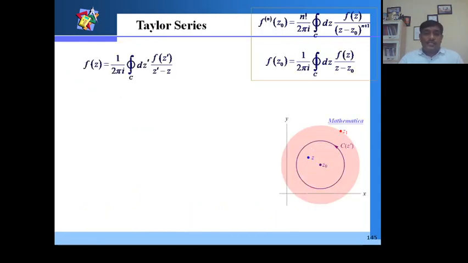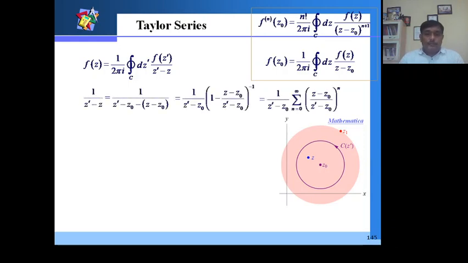Here, we will discuss the Taylor series. Here, f of z is equal to 1 by 2 pi i integral over C of f of z dash dz dash divided by z dash minus z. Here you can take a circle C with center z naught, with points z1, z naught, z. Here we can draw.